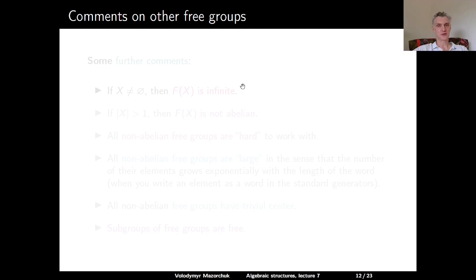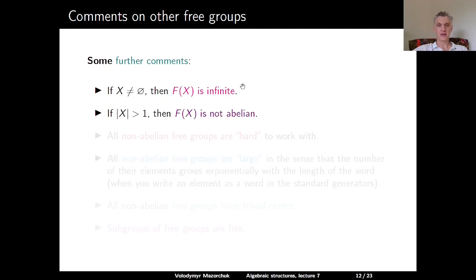Some comments on general free groups. First of all, if X is a non-empty set, then F of X is an infinite group, always. If the cardinality of X is greater than 1, then the group F of X is not abelian. And these non-abelian free groups are really complicated objects, they are quite hard to work with.